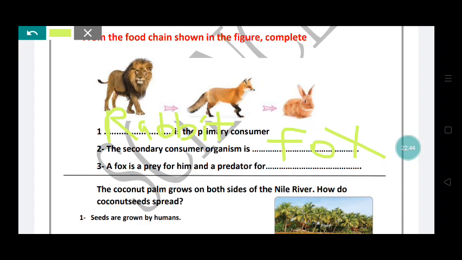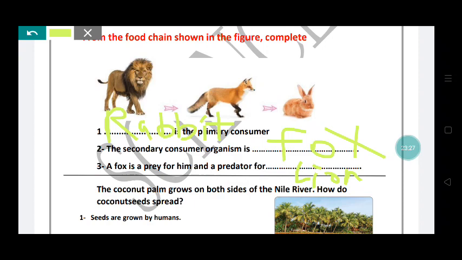A fox is a prey for lion and a predator for rabbit. Excellent. Lion, because lion is the predator for fox.